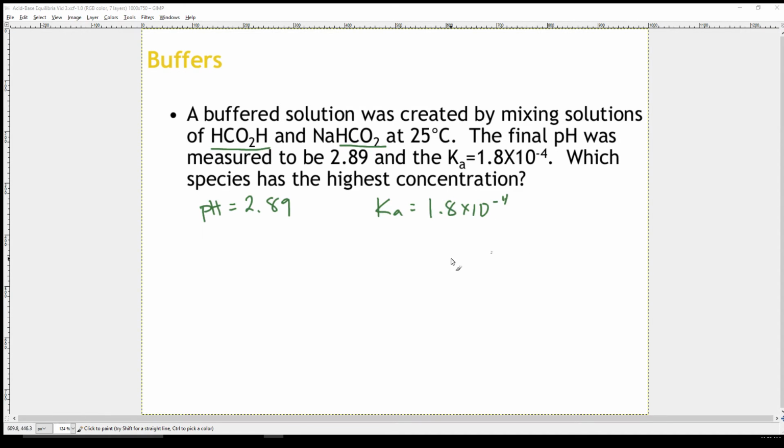We know in order to do this, we want to compare pH to pKa. We want to know the comparison. So in order to do that, I need the pKa. So what's the pKa equal to? What's the equation? Negative log of the Ka.